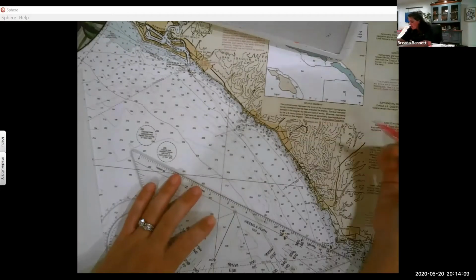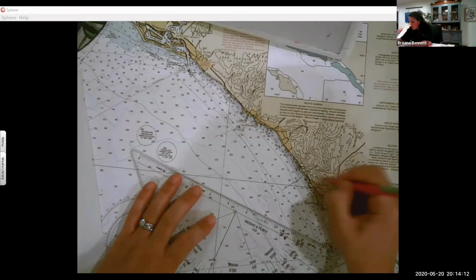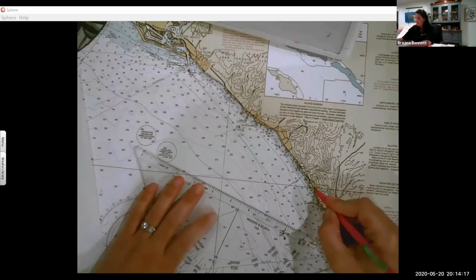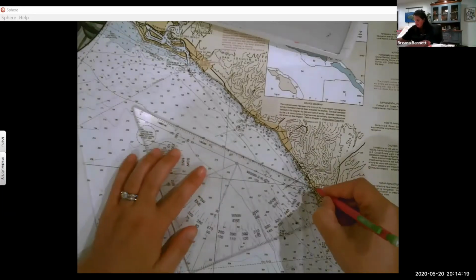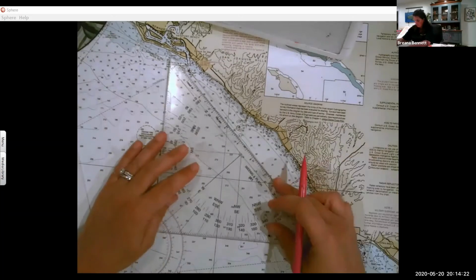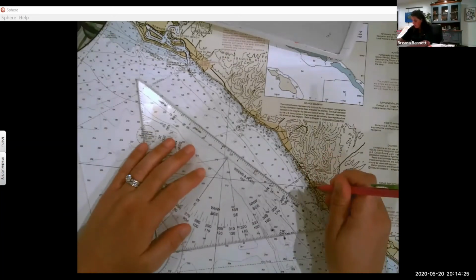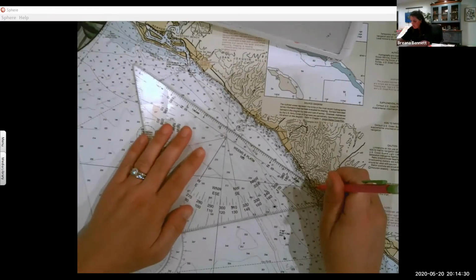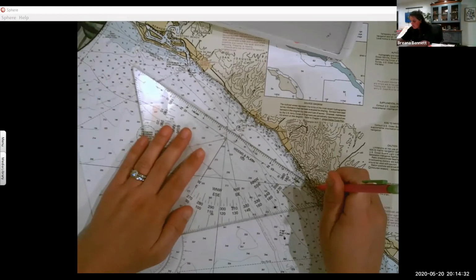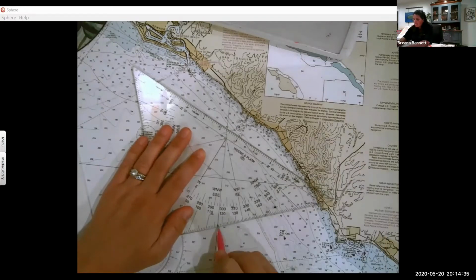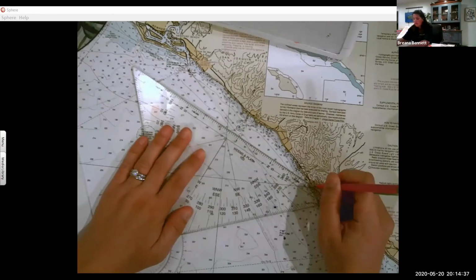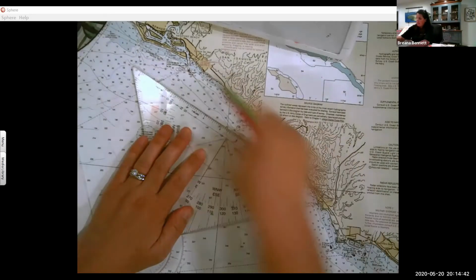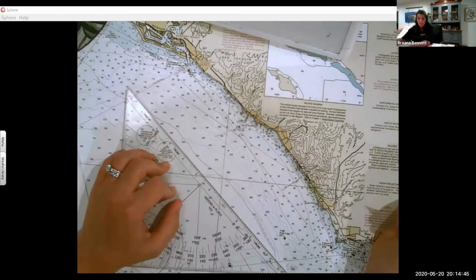So we find South Laguna Hospital, which is right here. And it is bearing 117. I can't do that. Okay, so I have 117 on the focal point and on South Laguna Hospital. So I can draw in my LOP. I'm somewhere along that line.